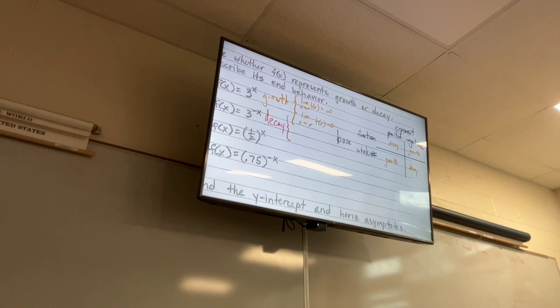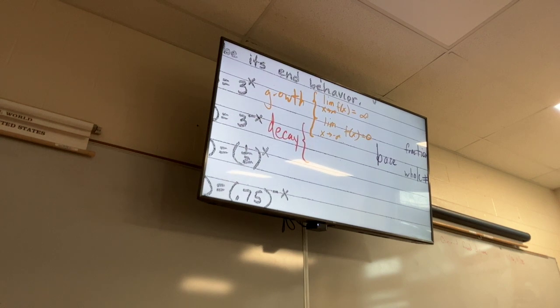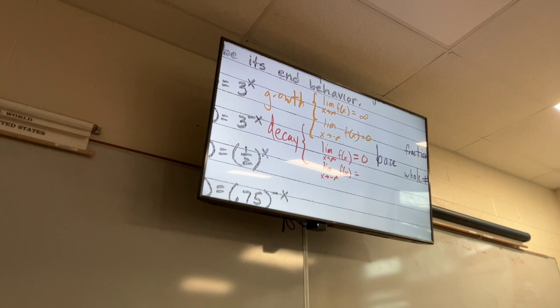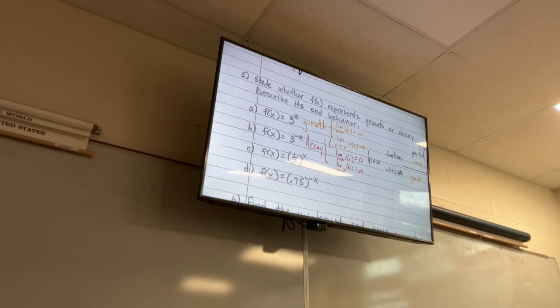And then so decay, we said what? The end behavior is the same as growth, except what? Yeah, it's just flipped around. So as our graph goes to the right forever, it approaches 0. As we go to the left forever, we blow up to infinity.